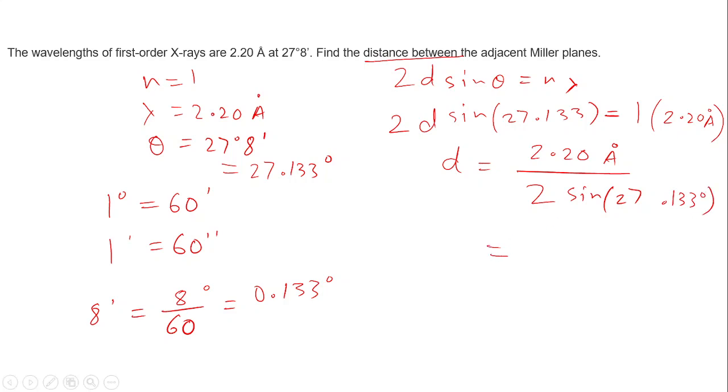So this will be 2.20 divided by 2, that means 1.1, divided by the sine of 27.133, which is 0.456. When we divide this, we get 2.41 angstrom. So the answer here is distance between adjacent Miller plane is 2.41 angstrom.